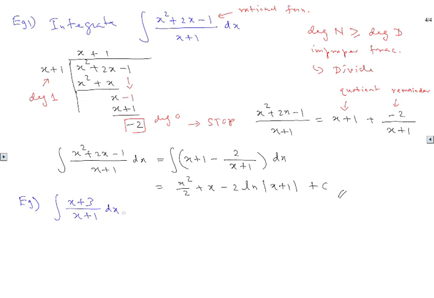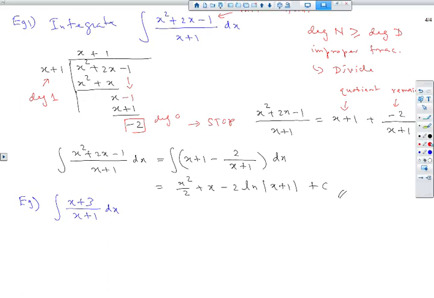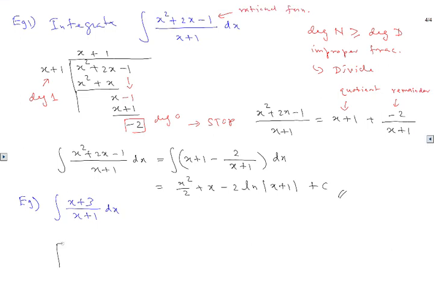You can again do the long division as we did before. If we do the long division, what do you get? It is x plus 3 divided by x plus 1, so you have a 1, so you're going to get x plus 1, and when you subtract you get 2, so you're done. That means the quotient is 1, the remainder is 2.